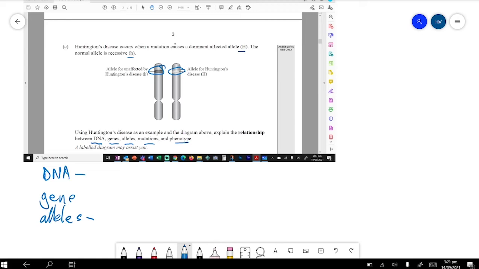Okay. And lastly, a mutation. The only way that you can get a new allele is through a mutation. And a mutation is a permanent change in the gene DNA base sequence.